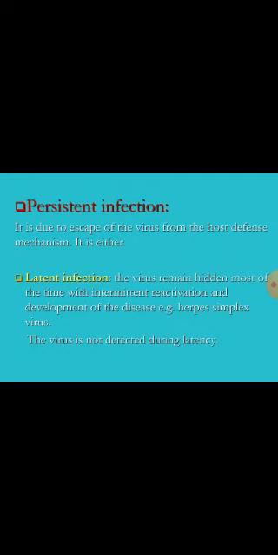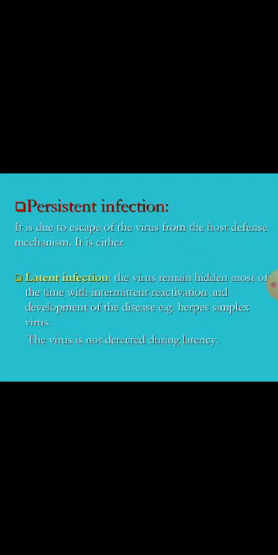Persistent viral infection. If the virus escapes from the host defense mechanism, it gives either latent infection or chronic infection. Latent infection means that the virus remains hidden most of the time and for a long period, with intermittent reactivation and intermittent development of the disease course, as in case of herpes simplex virus.